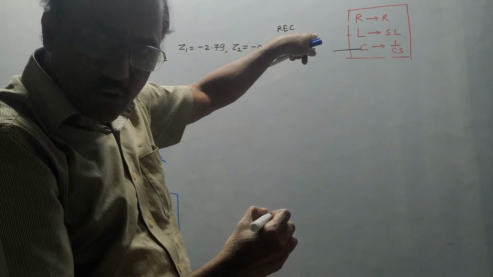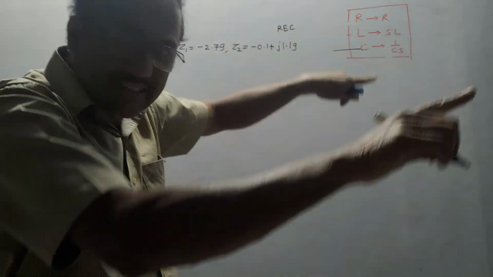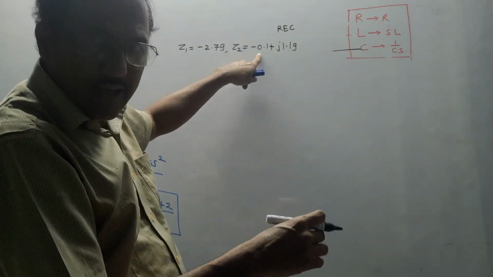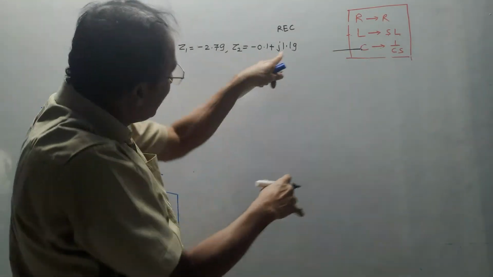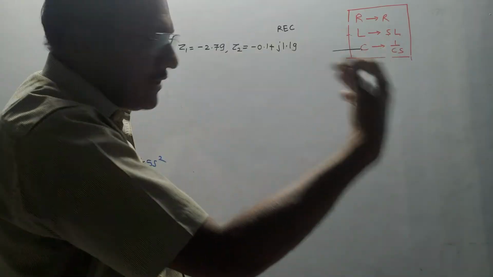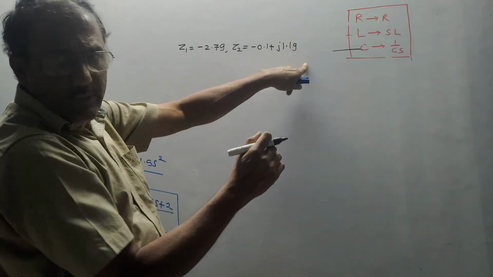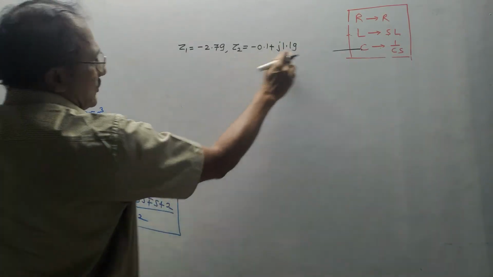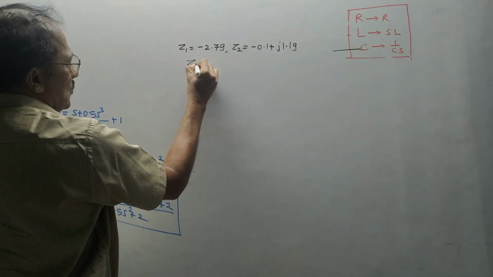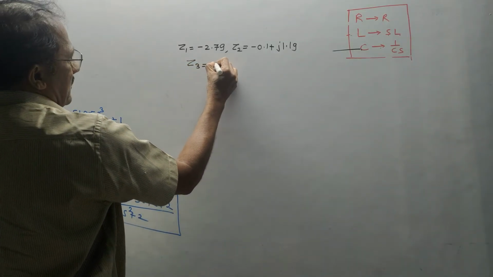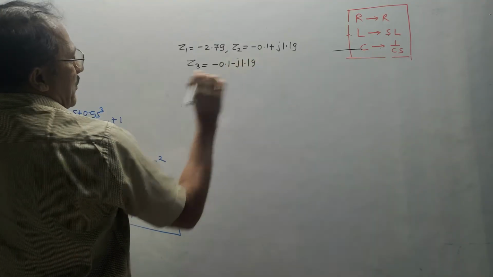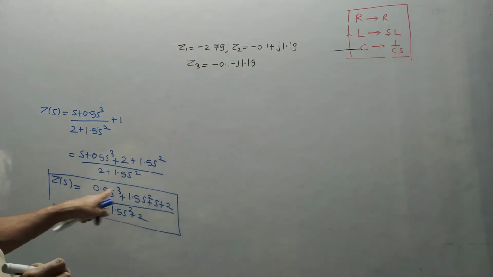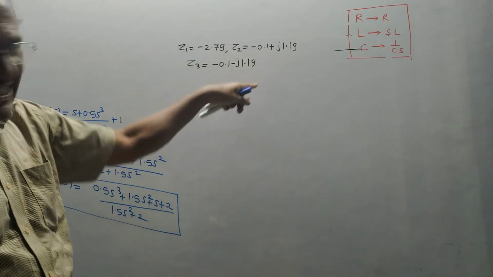Whenever you are calculating roots and this notation is displayed, it means that first this real part, that is minus 0.1, is displayed. You need to press the equal to sign, then this value will be displayed. In new versions, directly this value will be displayed on the calculator. Alright, so this is the second root. Third root, that is third zero, is minus 0.1 minus J 1.19. These are the three roots of the numerator term which are called zeros.